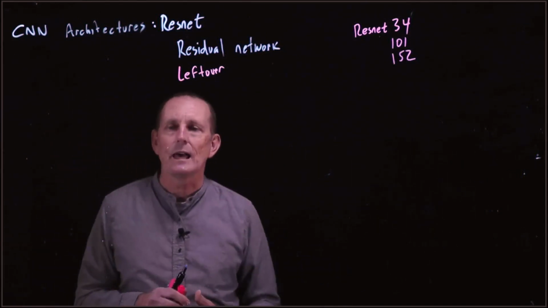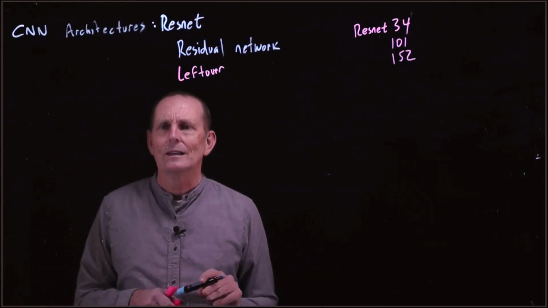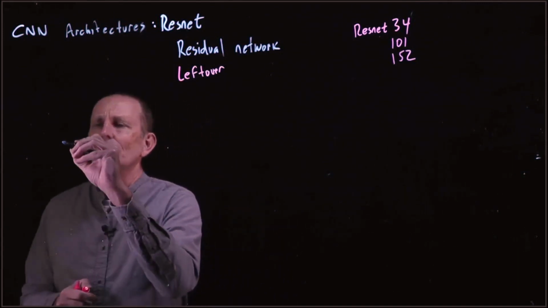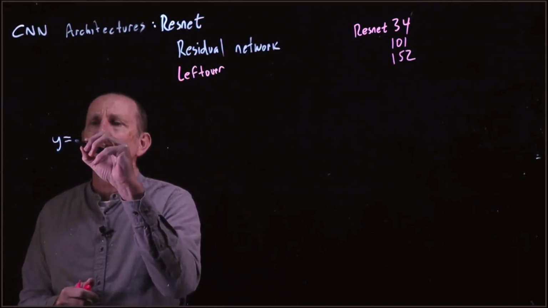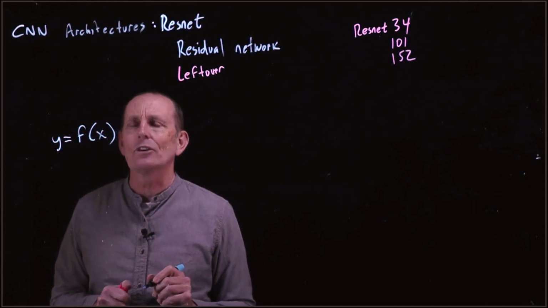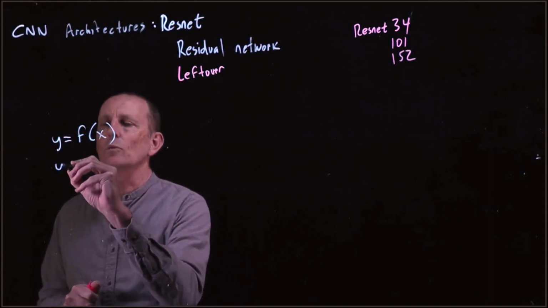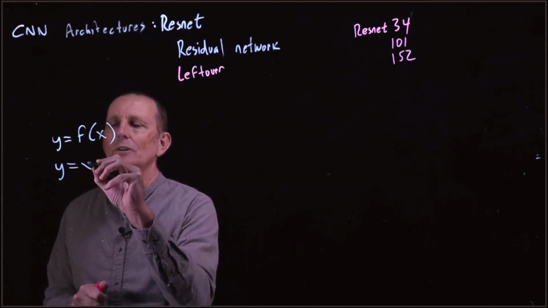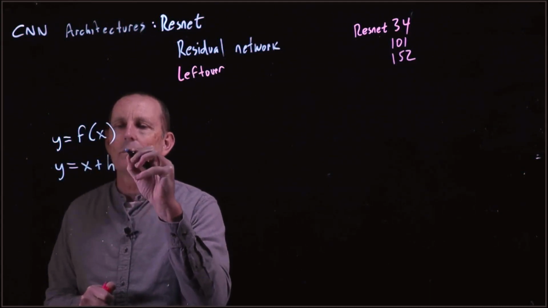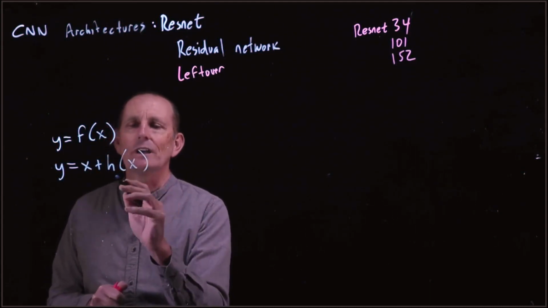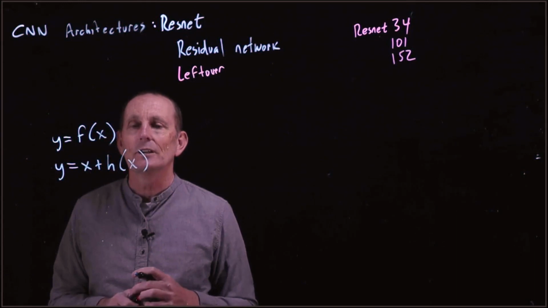So let's look in more detail at how a skip connection is actually going to work. First, let's just say we have some y. We can go ahead and rewrite that as y equals x plus some h of x, where h of x is what we're going to call the residual.